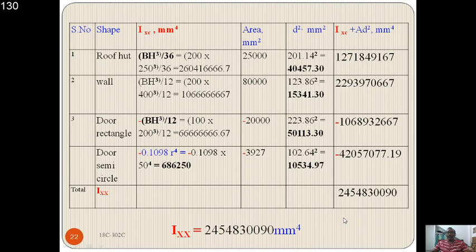So in this procedure we also see how the moment of inertia of the deducted portions is taken as negative and the remaining are taken as positive. This is the concept of the hollow portions in the given shape to obtain the moment of inertia.